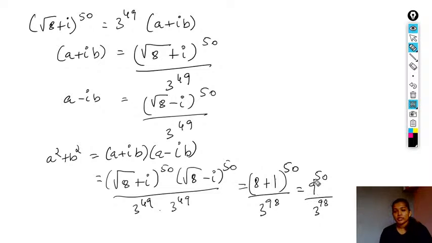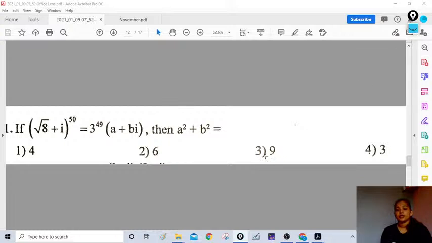So the numerator will be 3 raised to the power 100 divided by 3 raised to the power 98. This is nothing but 3 square, students, and the right answer here will be equal to 9. Okay, option number 3 will be the right answer for this question given here.